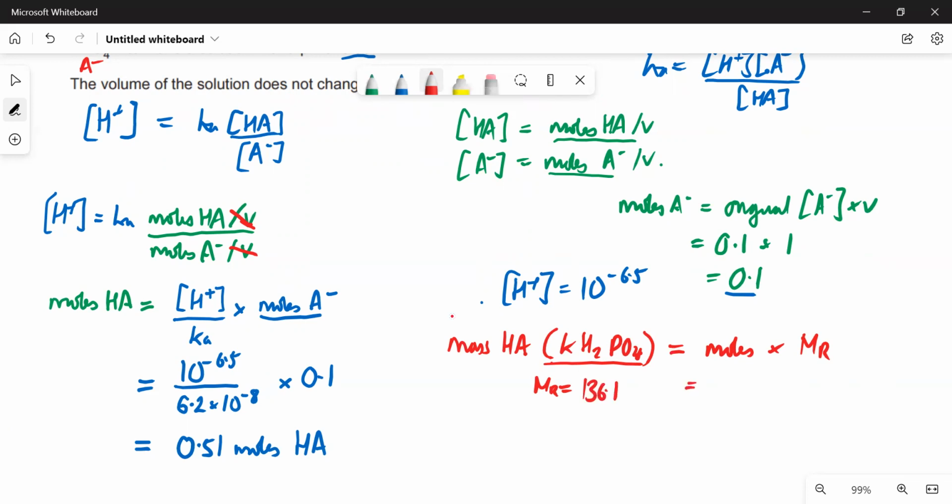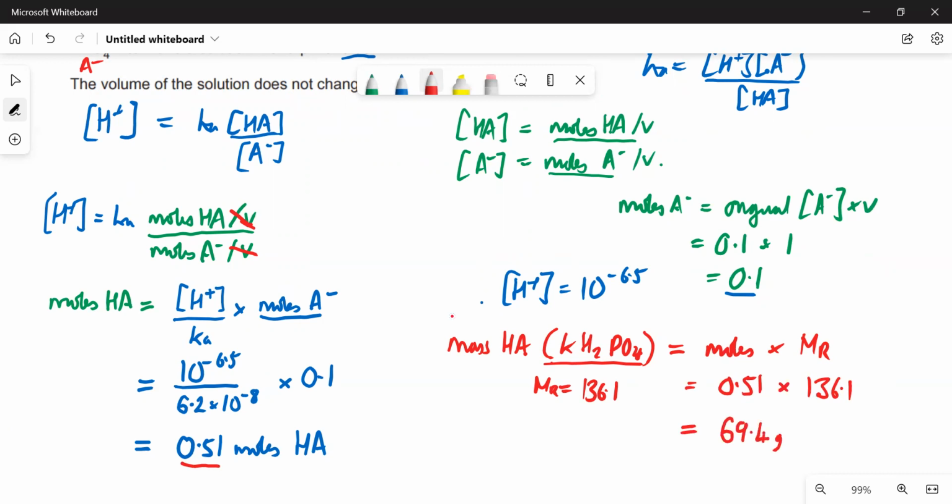So the mass is equal to the moles, which is 0.51, multiplied by the Mr, 136.1, which gives us 69.4 grams.